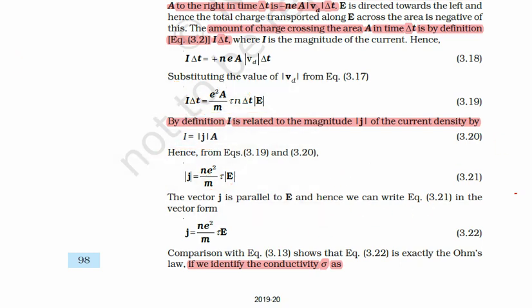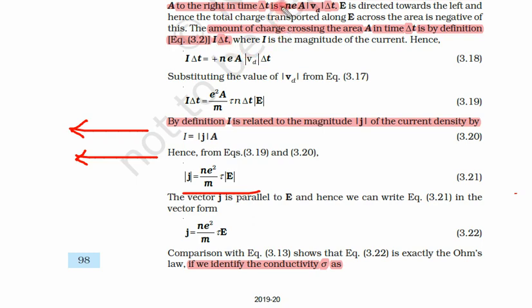J is the current density. Current density is simply n e squared upon m tau E, where J is parallel to E. That we have already seen. If this is the direction of the electric field, J is also in the same direction. Why did we take a negative here? Because we are concerned about the flow of electrons, and electrons flow opposite to the electric field.